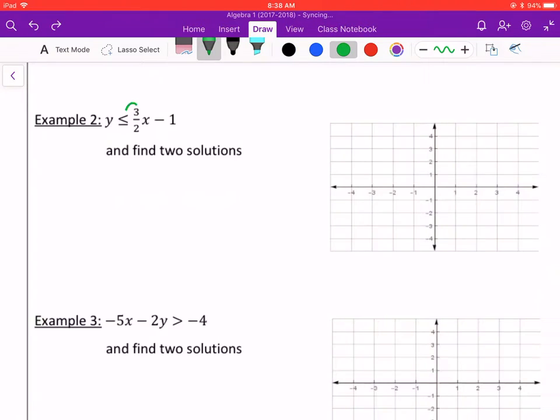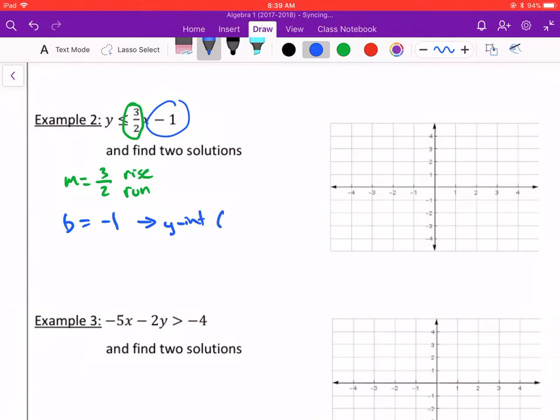That means we know 3/2 is going to be your slope. When I graph the points, you're going to be rising 3, running 2, and -1 is your y-intercept. So that's where you start, at 0, -1.